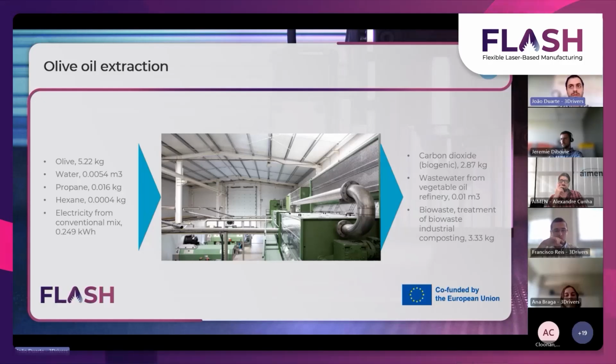In this example, we'll be using the conventional mix for Portugal, but we also then replace it with renewables energy to see what improvements we can get by using a different energy source. And regarding the outputs, we have carbon dioxide, wastewater, and also bio-waste. Here this bio-waste is olive pomace, so it needs to be treated accordingly.